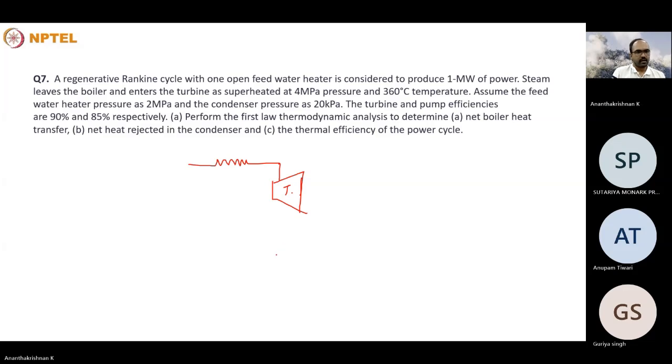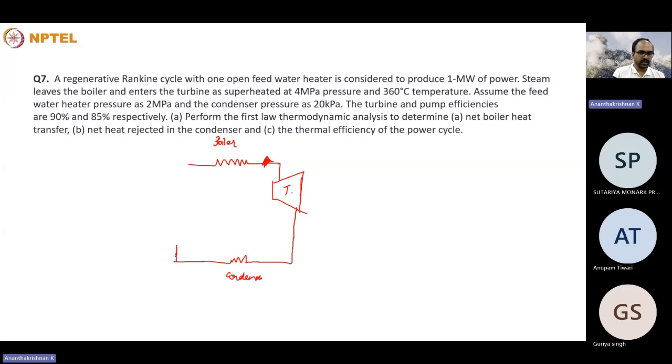And a portion of that will go into the condenser, and there is this feed water that will be drained out of the turbine. So I'll show that where it was used.